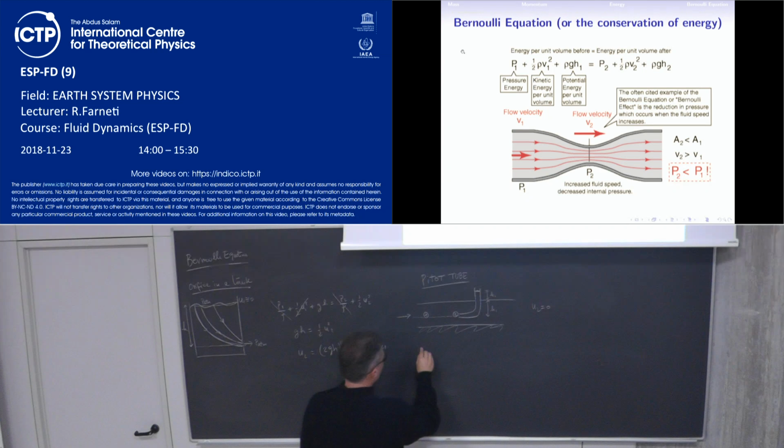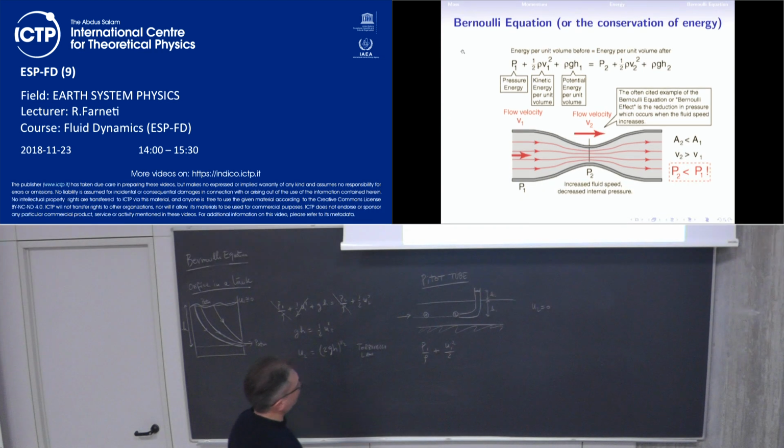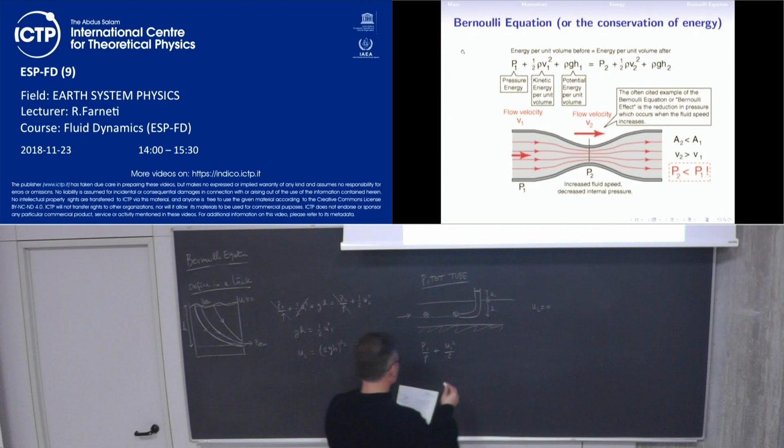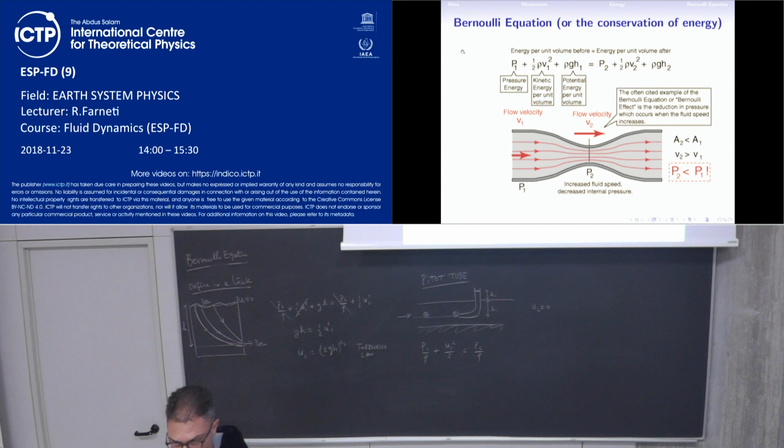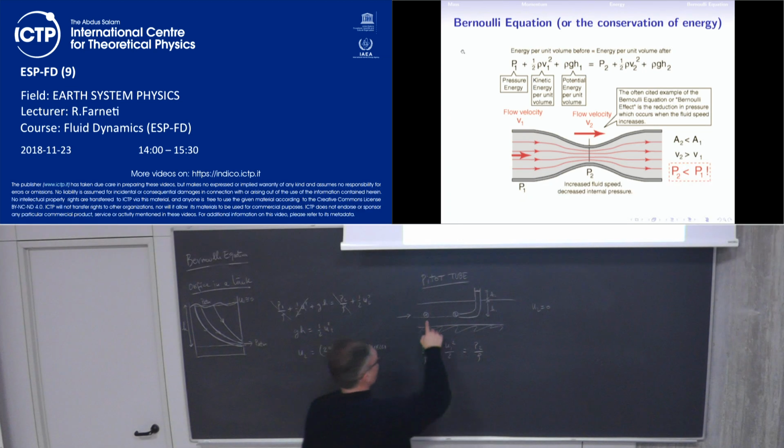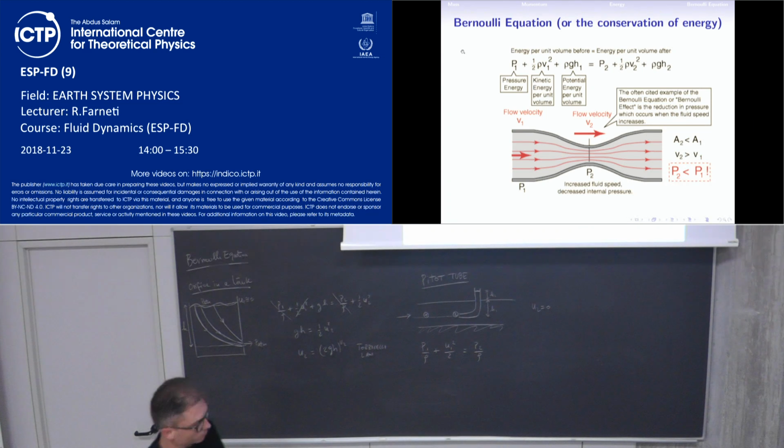So you can use the Bernoulli conservation principle to show that the pressure energy at point 1 plus the kinetic energy at point 1 is equal to the pressure energy at point 2. The velocity is equal to 0 at point 2, and the two are at the same height, the same depth of the river. So these two terms, the gh, cancel out.